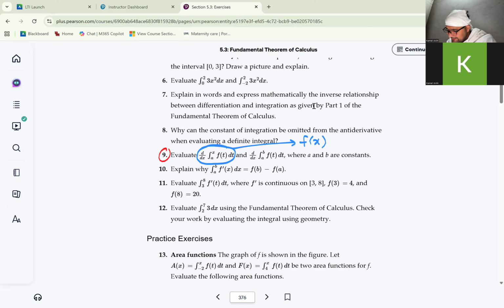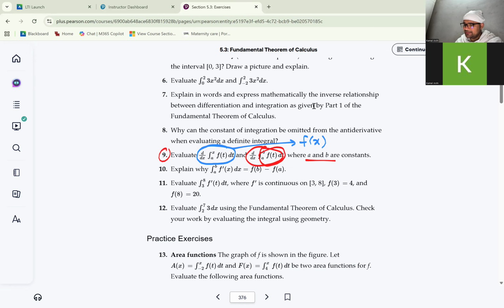Whereas the second expression, if you see here, has the derivative of a constant. That is important. Integral from a to b, where a and b are constants, gives you a particular area. It's not a variable area.